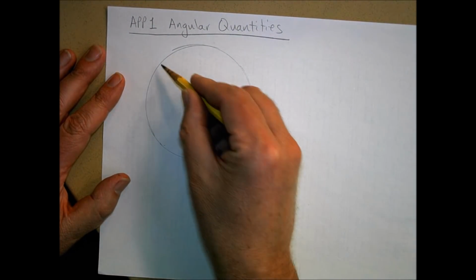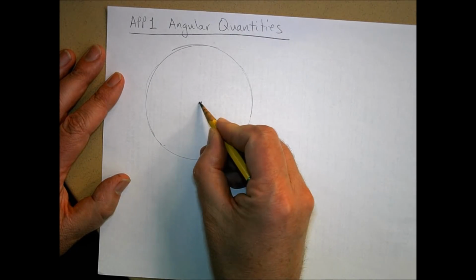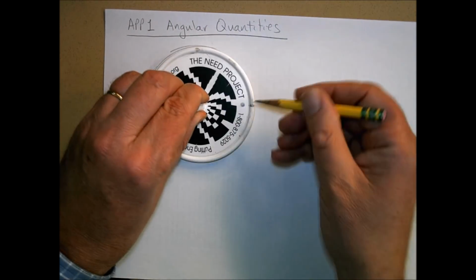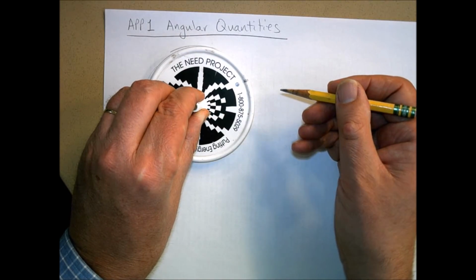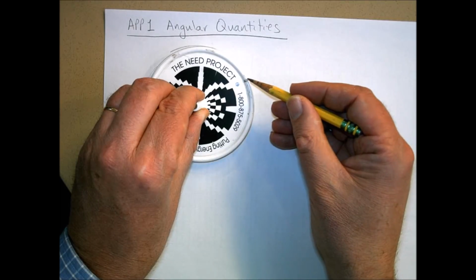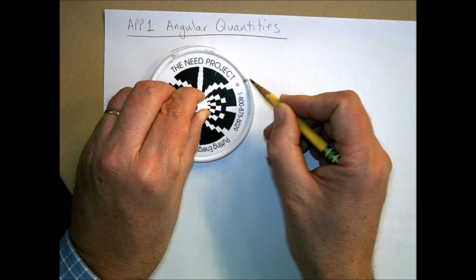Here's the circle that we're going around. Here's the center, or somewhere around there's the center. Now I drew a little dot here on the edge. See this little dot? I'm going to rotate it up like that. I want to know, what is the position of this little dot on the outside lip of this little top I have?